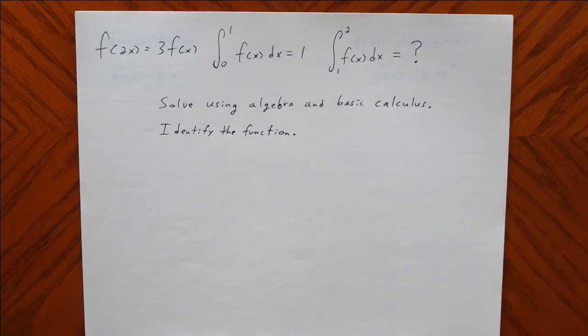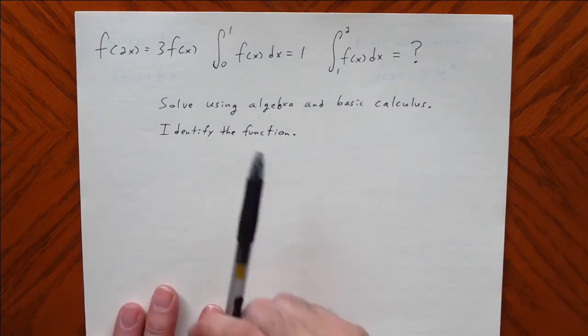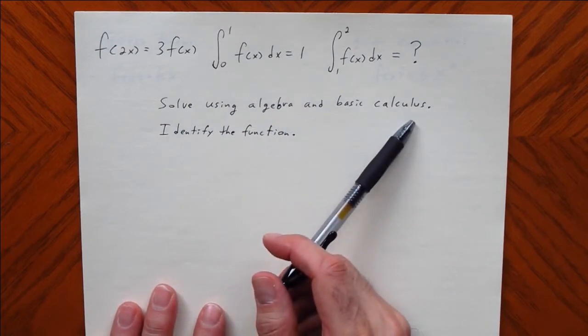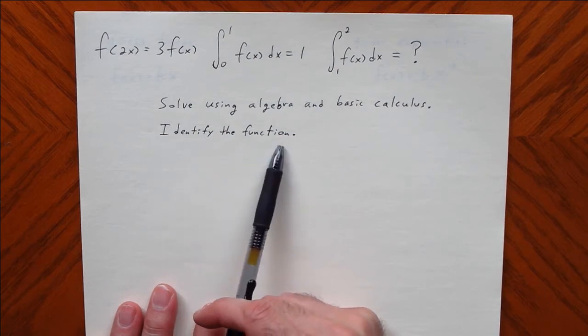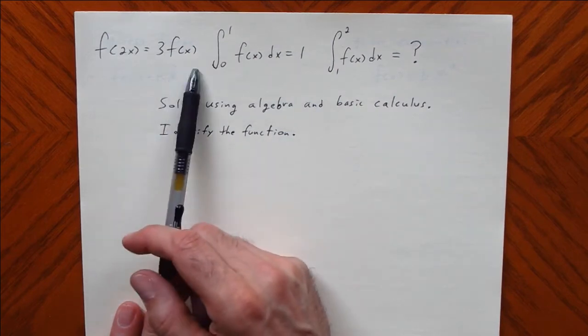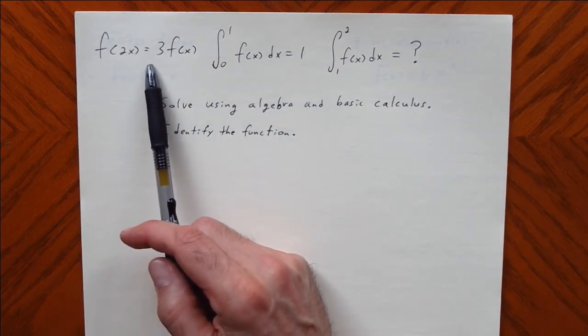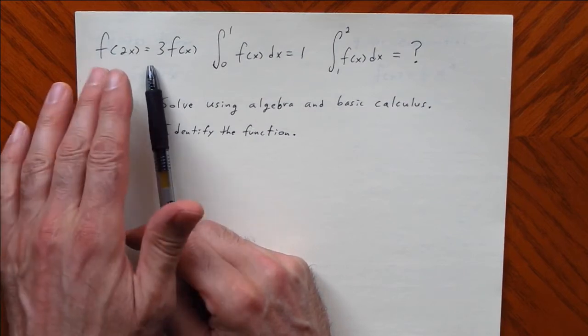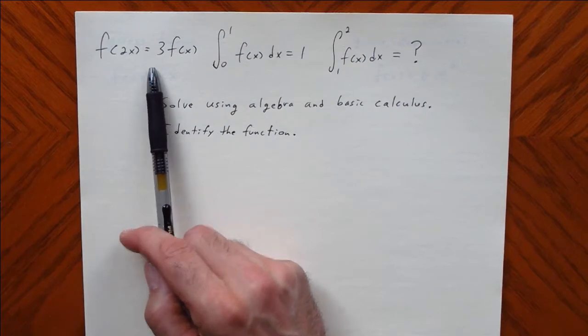What we're going to do is we have a two-step goal here. We're going to solve this problem using algebra and basic calculus, okay? And we're going to identify the function. Now, the function was not identified either in 2002 or on blackpenredpen, but to be fair, identifying the function was not a requirement of the problem.